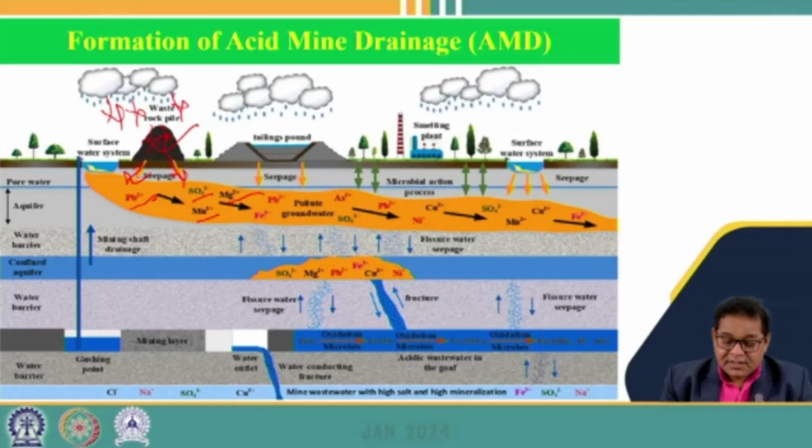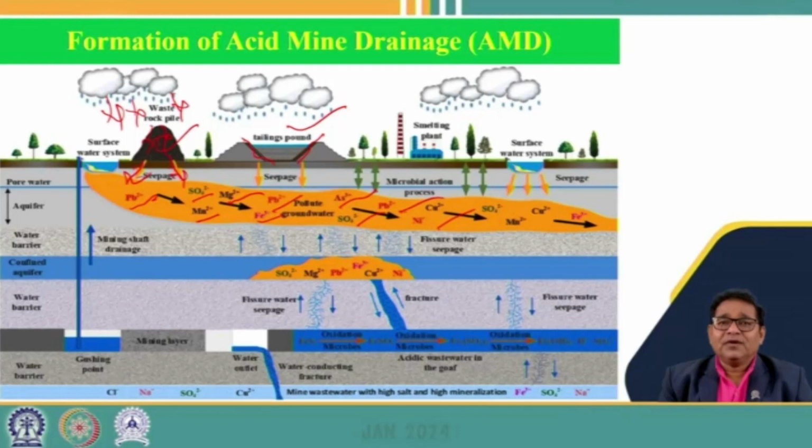lead, manganese, iron, arsenic, sulfate; these are all generated from different bodies situated on the surface. Again, if we talk about these tailing dams, the same thing happens here. The tailings are separated from the water, and the clarified water is pumped out for treatment.